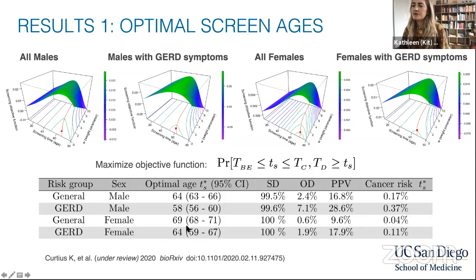I show you these results because the cancer risk associated with this age was very low across these populations. Again, this is assuming W equals 1, so it's a proper probability. This is the amount of risk that you would expect to have missed by screening at that late age, which is all under 0.4%. So the rest of the results I'm going to show you are as the example of W equals 1.